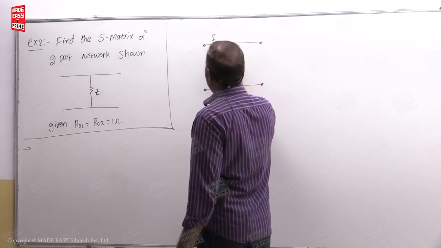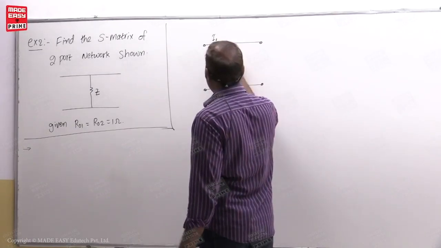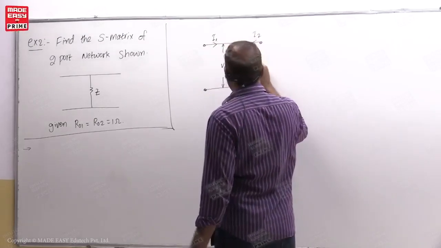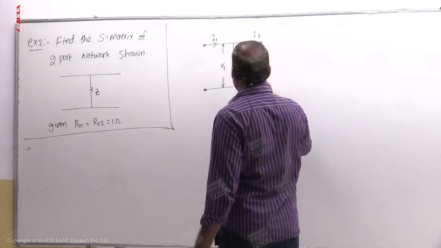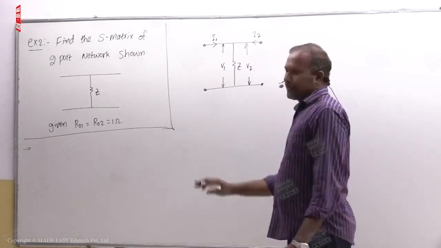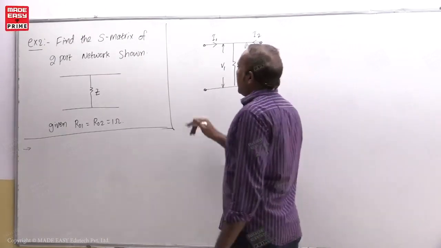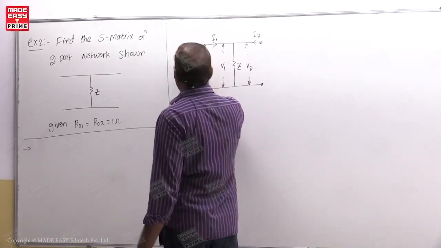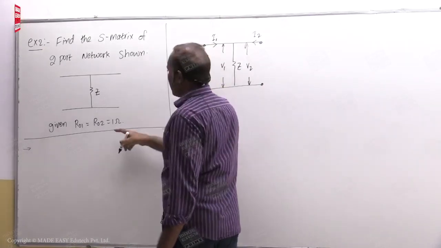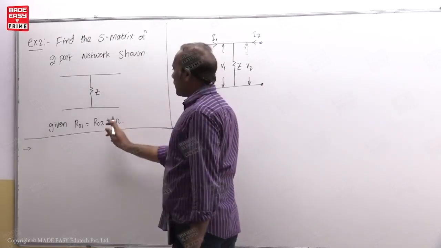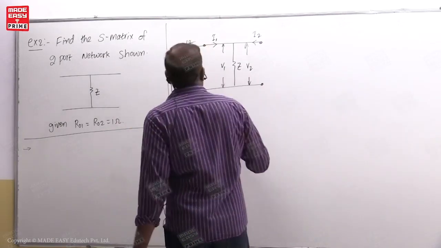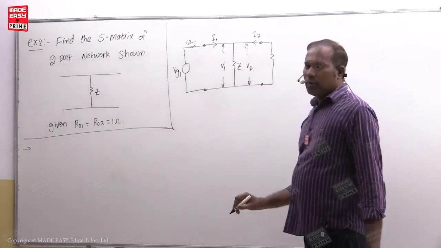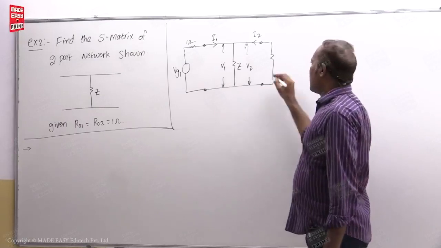Port 1 has I1 current and V1 voltage, and this is I2 current and V2 voltage, like this it is given. Now you take some source called VG1 and the reference impedance of that is given as R1 equal to R01, that is 1 ohm. Similarly here R2 is equal to R02, which is also 1 ohm.